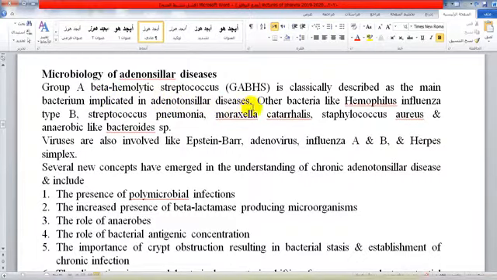Other bacteria like Haemophilus influenzae type B, Streptococcus pneumoniae, Moraxella catarrhalis, Staphylococcus aureus, and anaerobic bacteria like Bacteroides species are also involved. Viruses are also involved, like Epstein-Barr, as we said, adenovirus, influenza A and B, and herpes simplex.